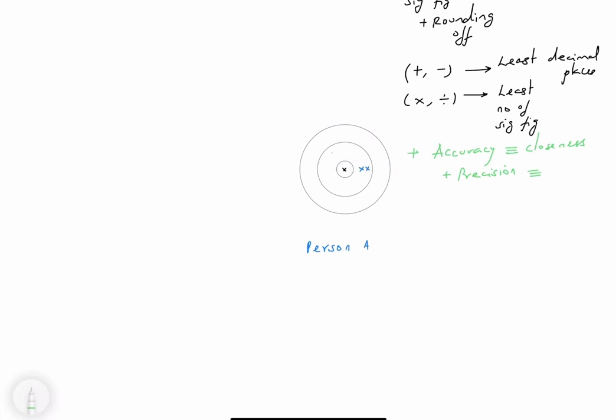B hits it here, here, here, here, here. This is person B. Precision is nothing but the number of times you hit. Well, this is represented by the decimal points.